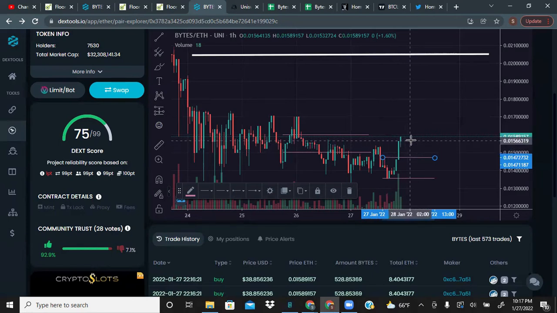And yeah, I guess that's really it. Not sure if that explains it exactly, but you have to look at the fact that impermanent loss is only calculating against the price of bytes going up against Ethereum. You're only calculating what you would have had if you just held bytes.